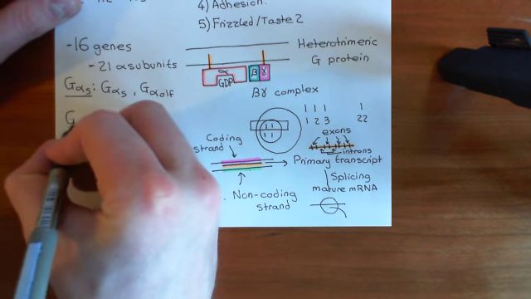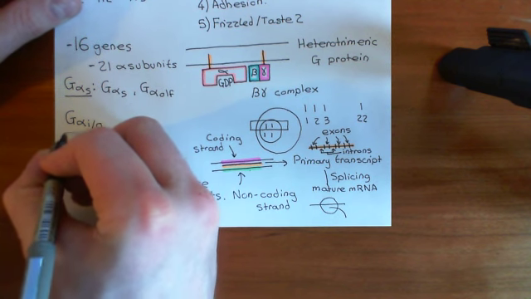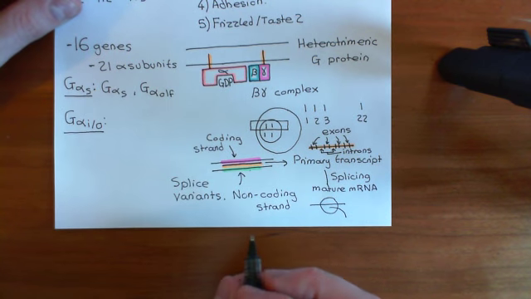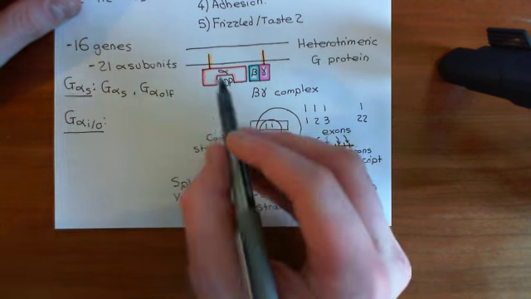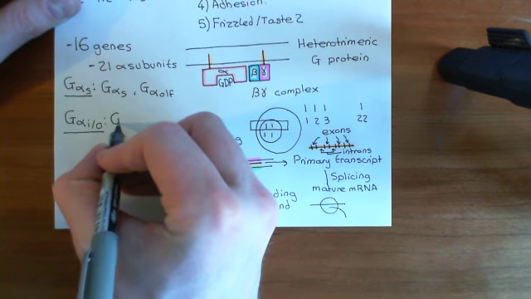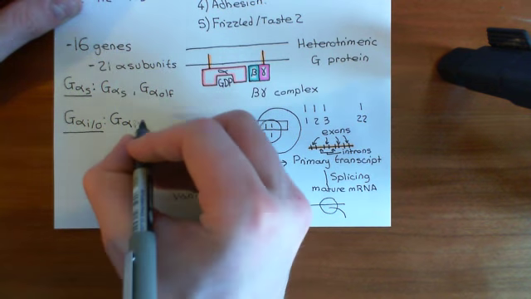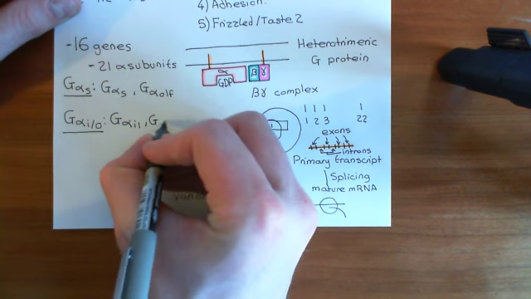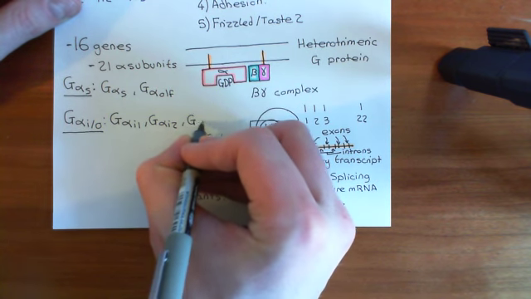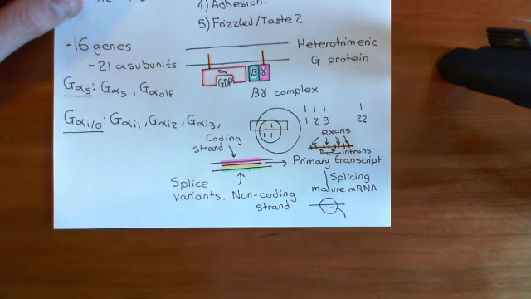Okay, then the next family is the G alpha I/O family, and this is the most complicated family. This family of alpha subunits of heterotrimeric G proteins has 8 members. There is the G alpha I1 subunit, the G alpha I2 subunit, the G alpha I3 subunit, so those are the 3 I subunits.